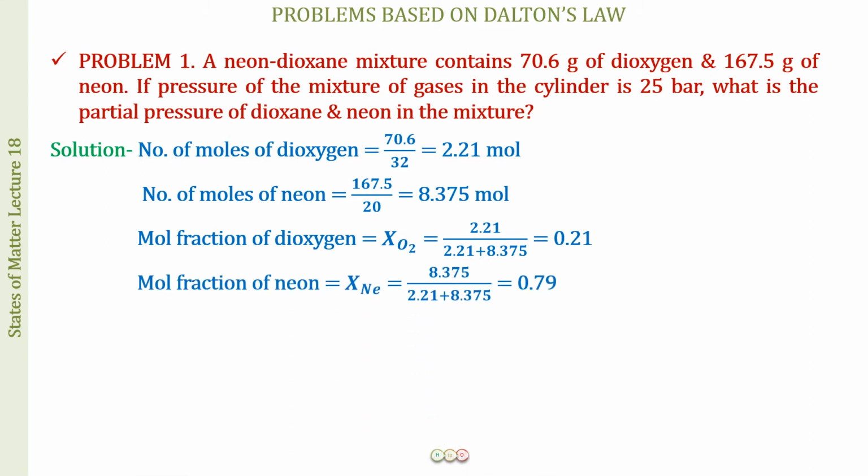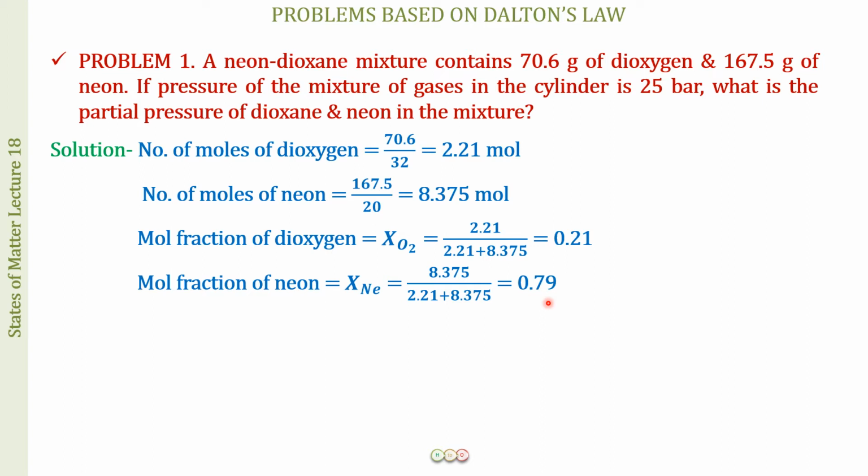The mole fraction of neon is the number of moles of neon, 8.375, divided again by the total number of moles, and this will come up to 0.79. Also you can do 1 minus 0.21, because the sum total of both mole fractions is going to be 1. So 1 minus 0.21 again gives you 0.79.